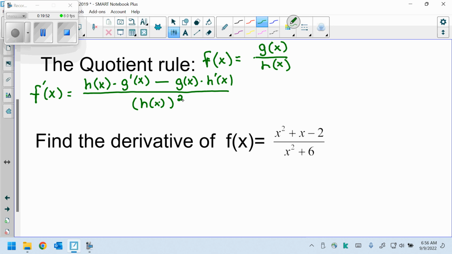Well, yeah, that's kind of complicated. How are we going to remember that? I mean, product rule's not bad, but this is tough. All right. We took the thing that was down low and we multiplied it by the derivative of what was up high.